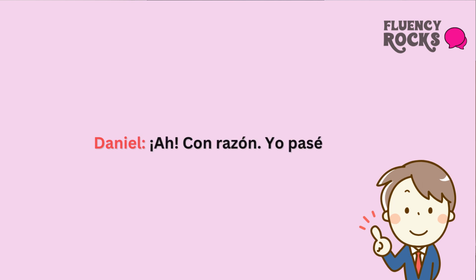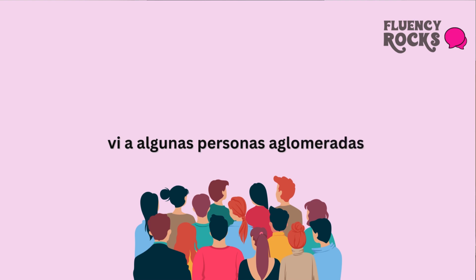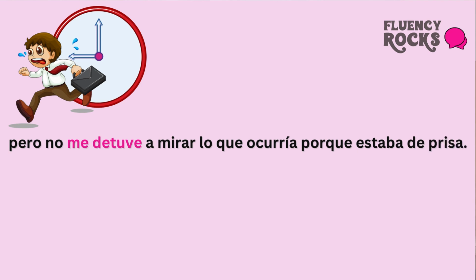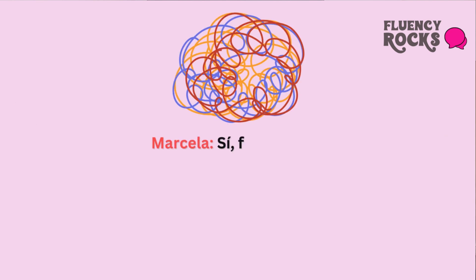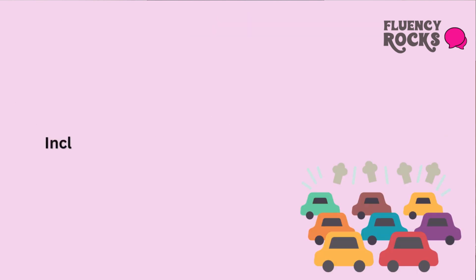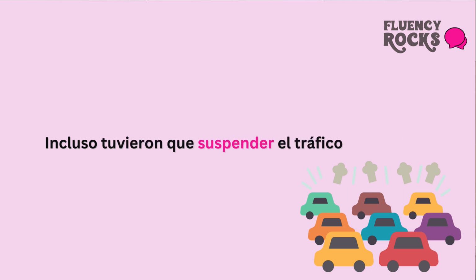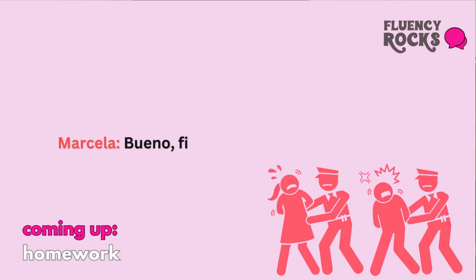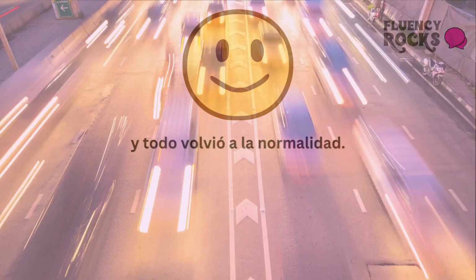Ah, con razón. Yo pasé por ahí, vi a algunas personas aglomeradas, pero no me detuve a mirar lo que ocurría porque estaba deprisa. Sí, fue un caos. Incluso tuvieron que suspender el tráfico por un rato. ¿Y qué pasó después? Bueno, finalmente se llevaron a la pareja y todo volvió a la normalidad.